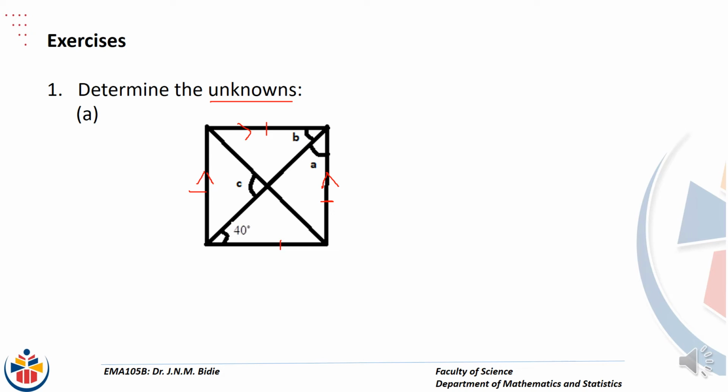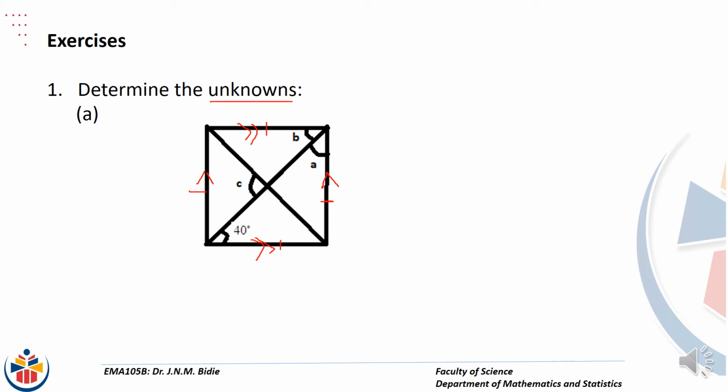Note that because it's a parallelogram, so that's the first thing that we have to indicate. Parallel sides and equality. For equality, all the sides are equal for a rhombus. Now it means that we can be able to find angle B. B is also 40 degrees, alternate angles. And what about angle A?